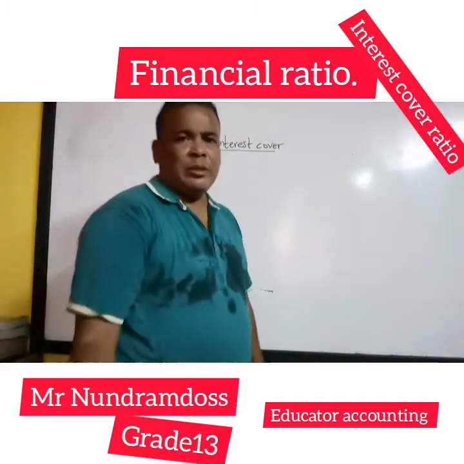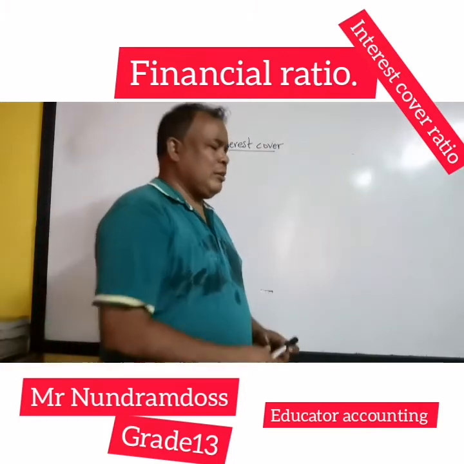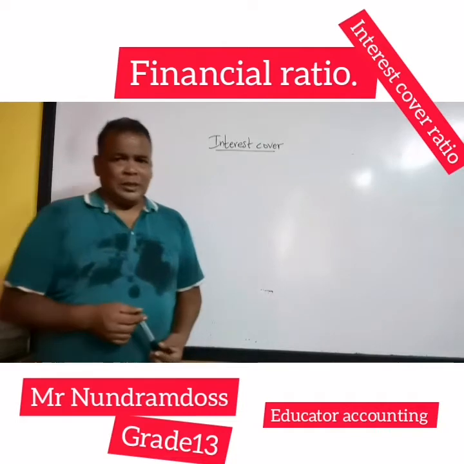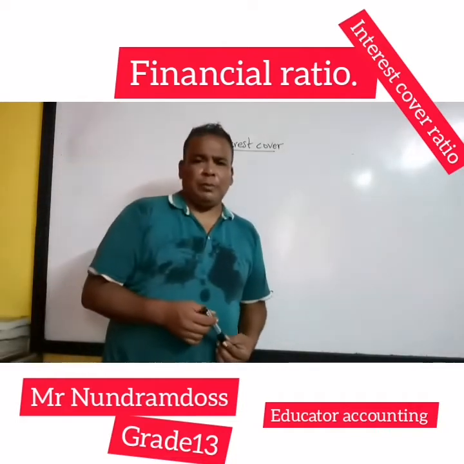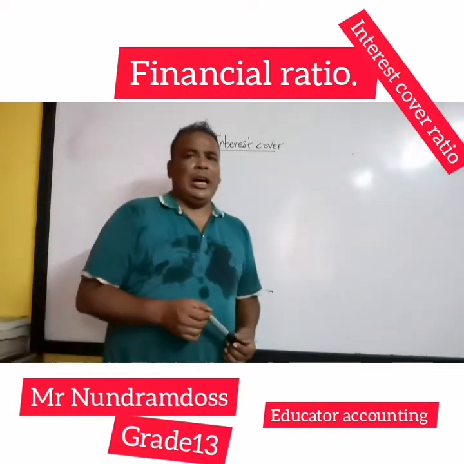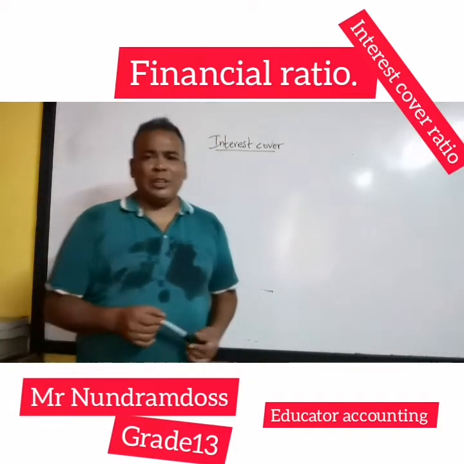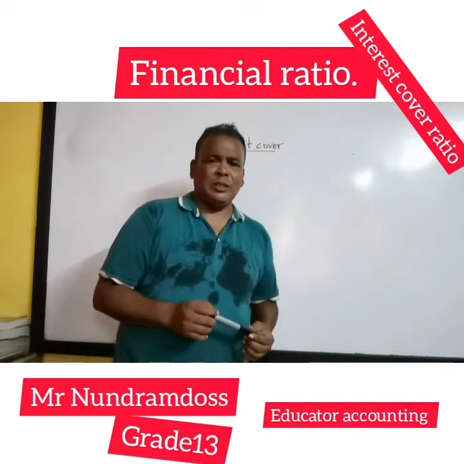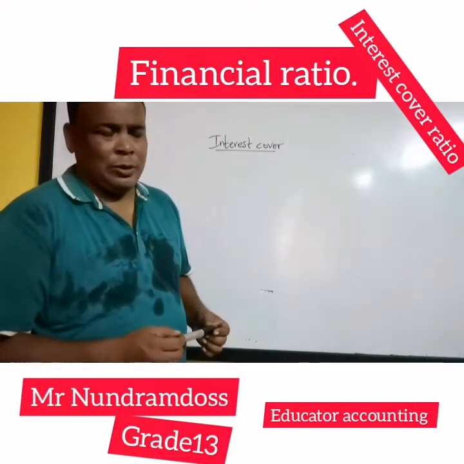So the standard interest cover is 2 times. This means that 50% of the operating profit will be used to pay interest charges and 50% of profit will be available to reinvest in the business or to pay dividend to shareholders.